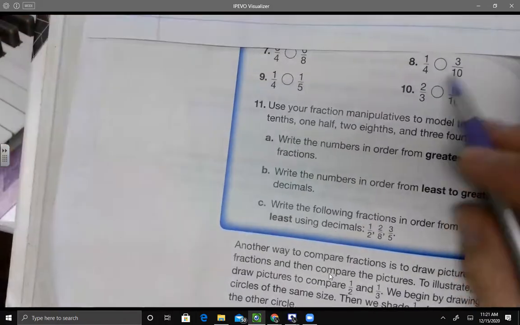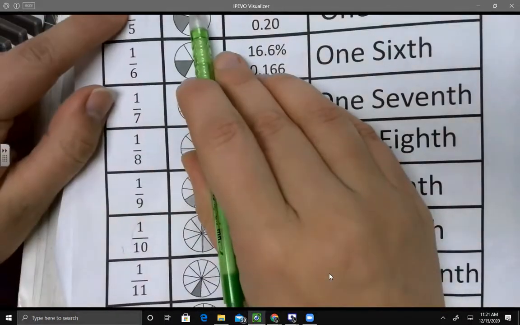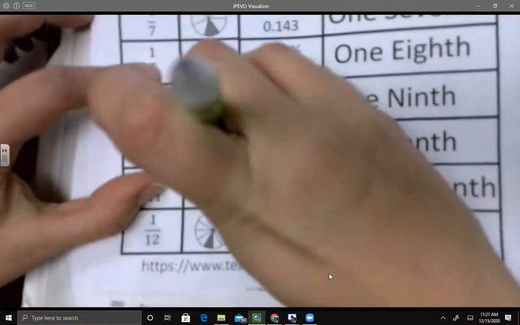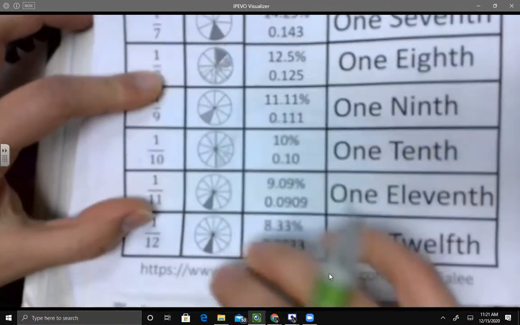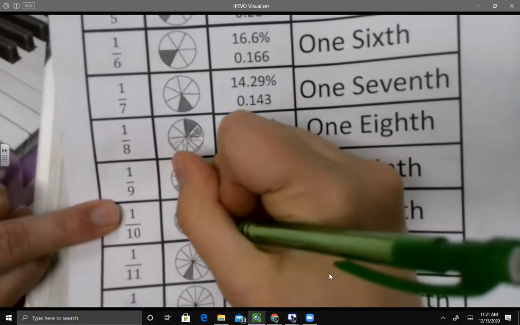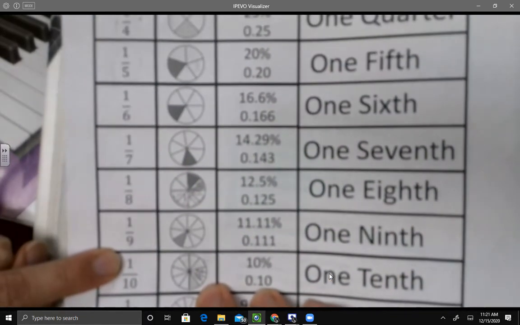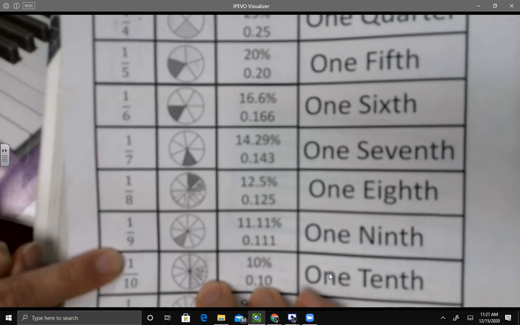All right, and then we have 1/4 and 3/10. So we have 1/4 up here and 3/10 here. All right, so if you look at them, which one looks bigger?